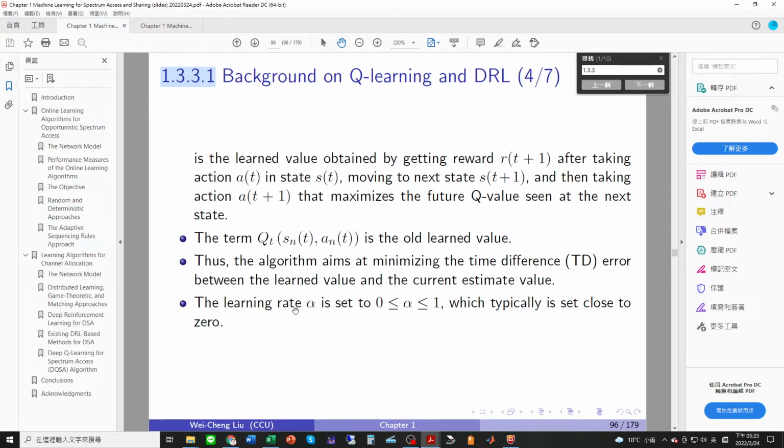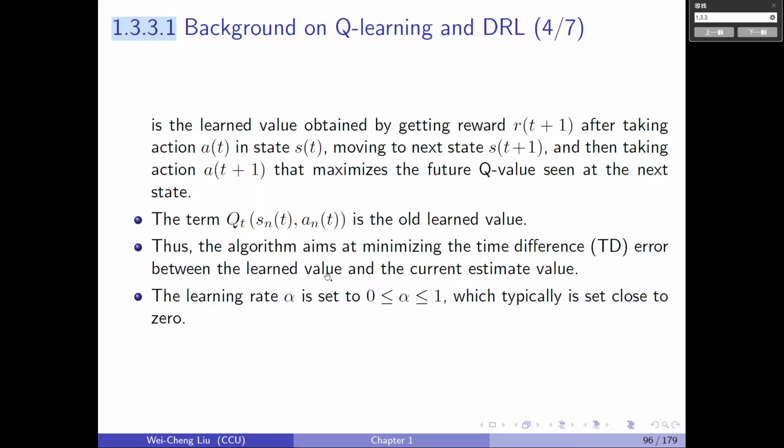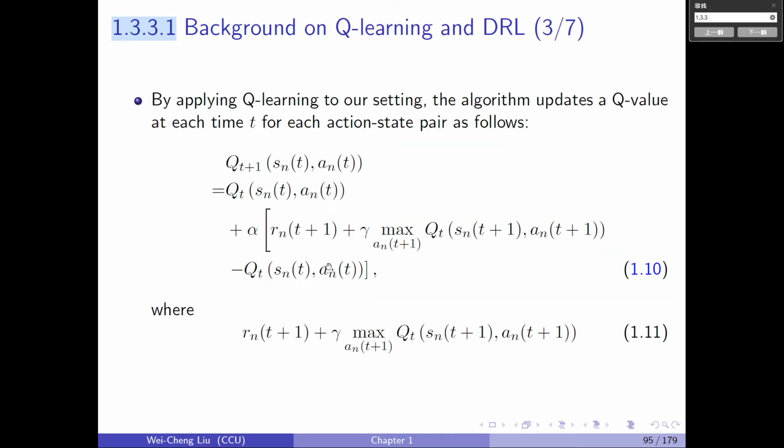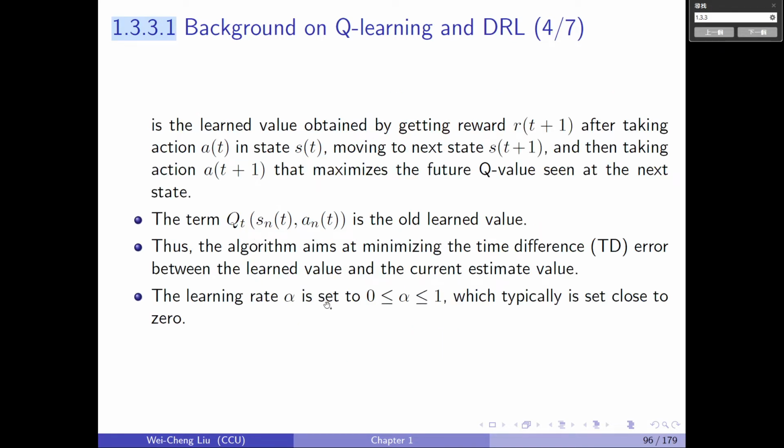The learning rate alpha. Okay, let me show you the alpha. Okay, here is alpha. Alpha is set to be greater than or equal to 0 and smaller than or equal to 1, which typically is set close to 0.